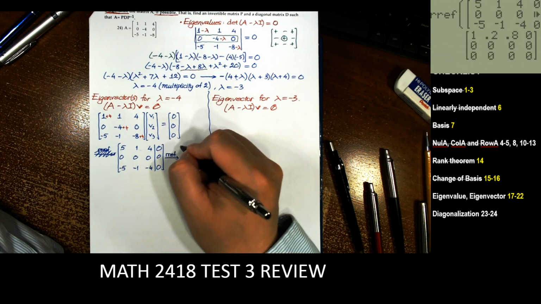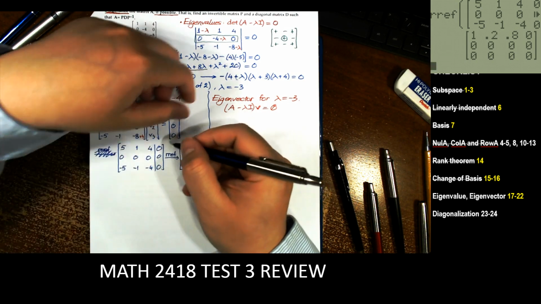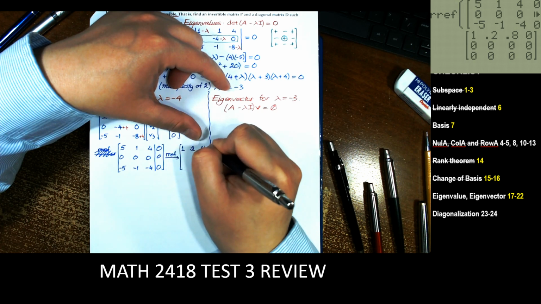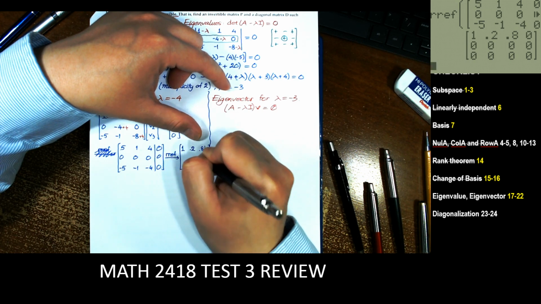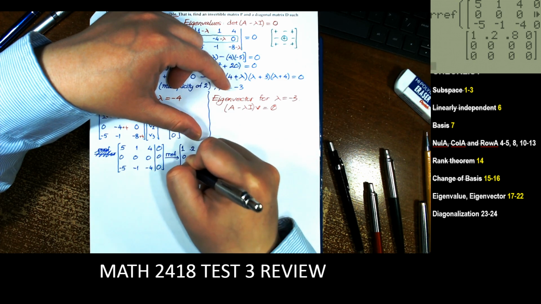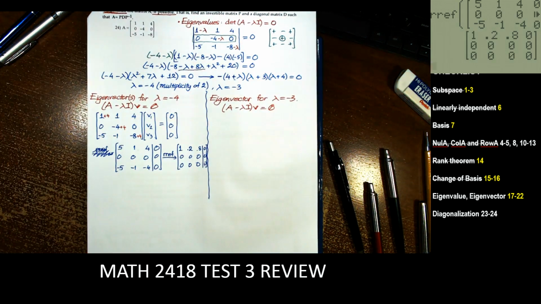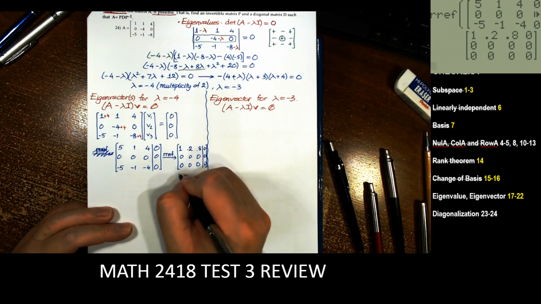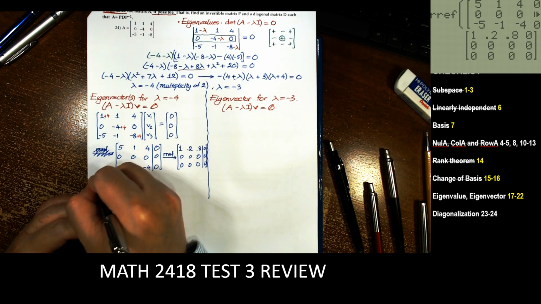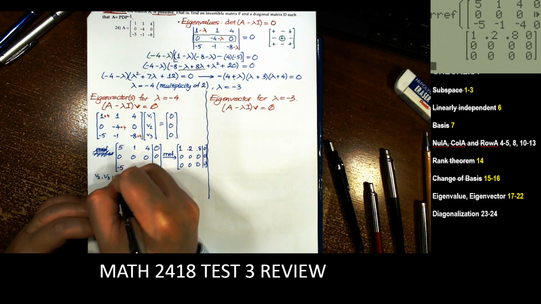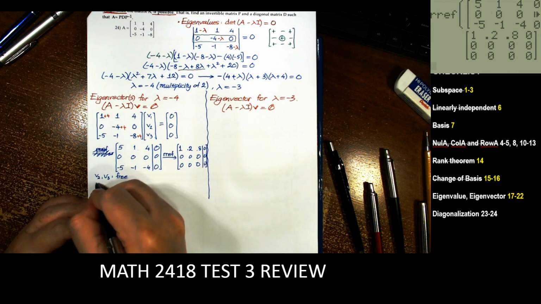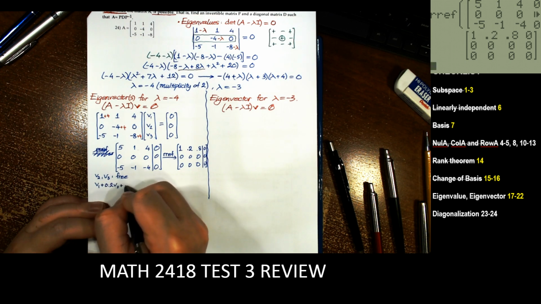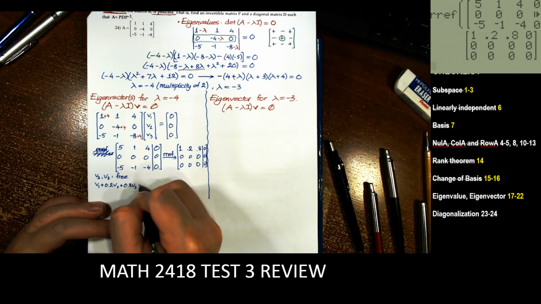Right, so we have that. I try to write extremely small. So in that case, v2, v3 are free. And v1 plus 0.2 v2 plus 0.8 v3 equals 0.